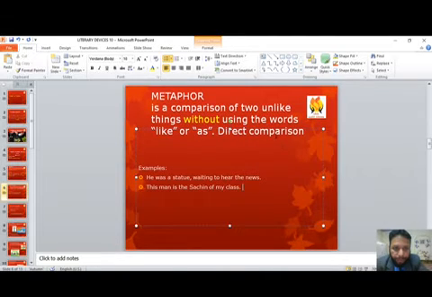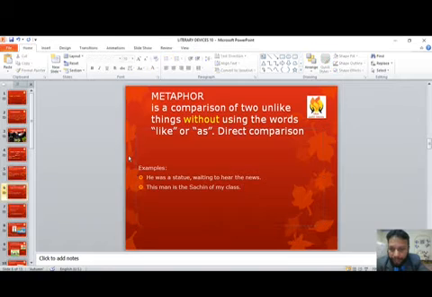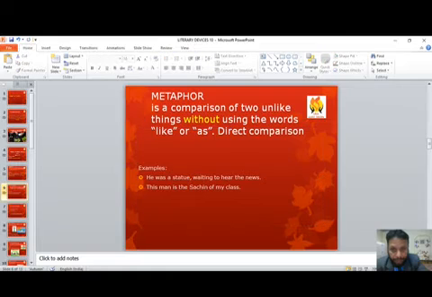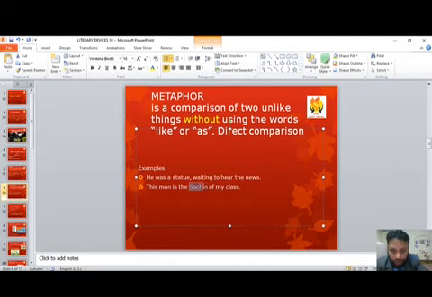Fine. So how is it a direct comparison? He was a statue. If you say that he was a statue, we have compared this person with a statue, but we did not compare this person with a statue with the help of the word like or as. We directly called this person a statue. This man is the Sachin of my class. We compared this man with Sachin Tendulkar.